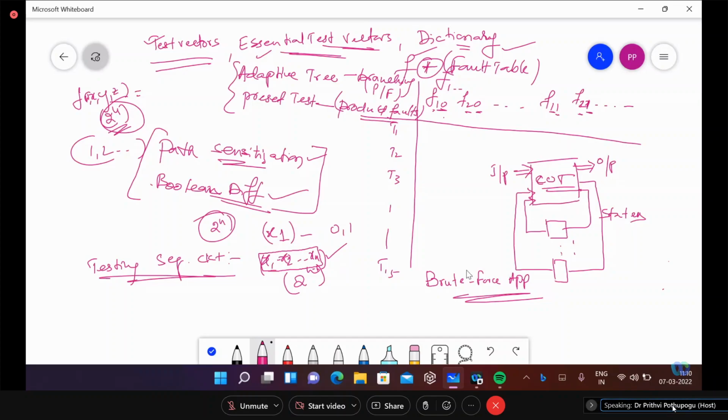So what is the way to derive these test sequences for a sequential circuit? You try to convert this into an iterative network. A sequential circuit, if you can convert that into an iterative network, what does this iterative network mean? It is the base logic repeated for n number of times.